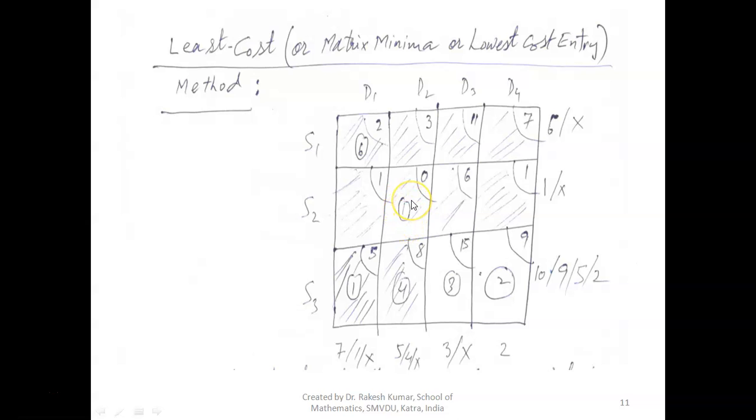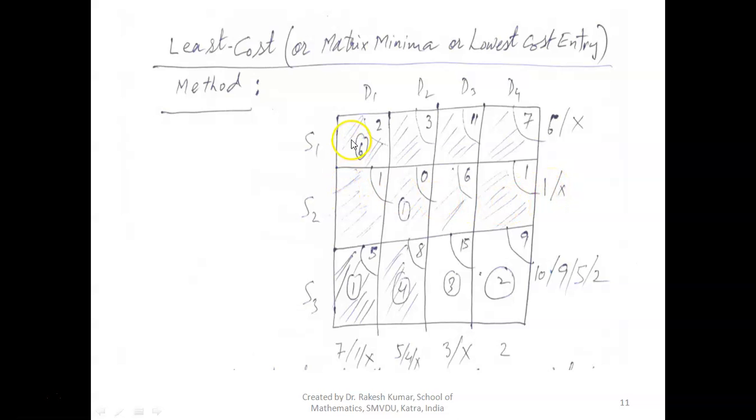Now the supply at this center is exhausted, so it will not be considered for transportation further. The next lowest transportation cost is 1, but it lies in this row, so it is not possible to select this cell as the supply is finished.